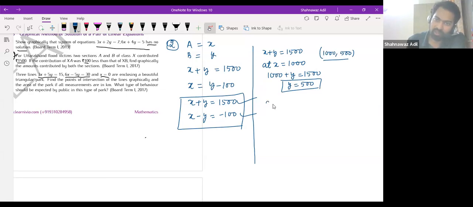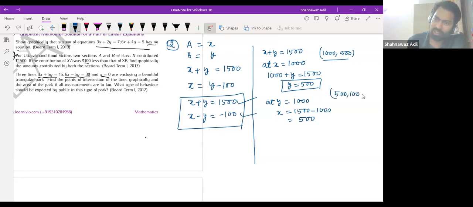So let's say Y equals 1000. Then X would be how much? 1500 minus 1000, which is 500. So the other point is 500 comma 1000.